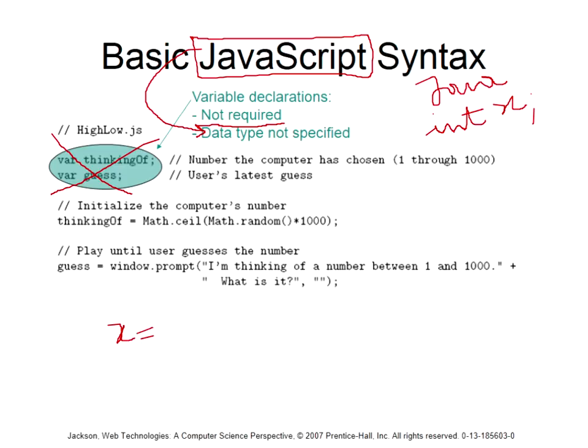That means when I write x equal 5, x in this case is a number. If I write x equal hello, in this case x is a string. Is it clear?